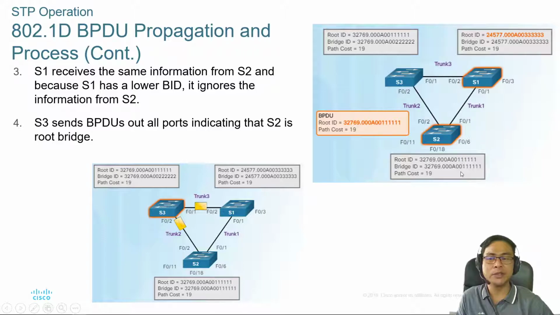Basically, the bridge ID was ignored because S1's bridge ID is lower. So it will use its own bridge ID as its root ID. If only the bridge ID of S2 were lower, then the root ID to be recognized would be the lower one. Since S1's bridge ID is lower than S2's, S1 will record its own bridge ID as its root ID to acknowledge that the lowest so far that S1 encountered is 24,577.